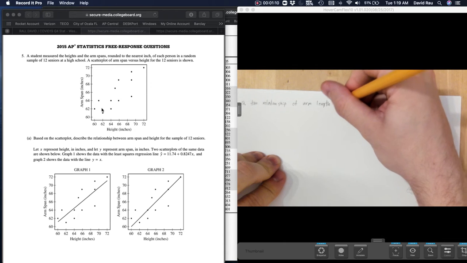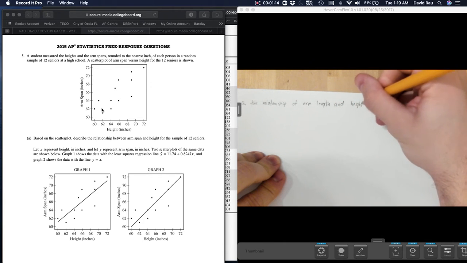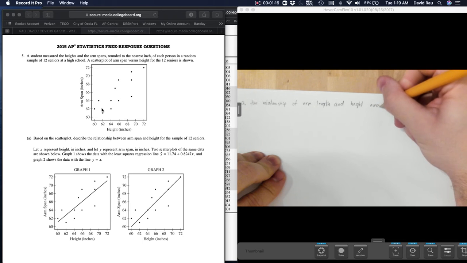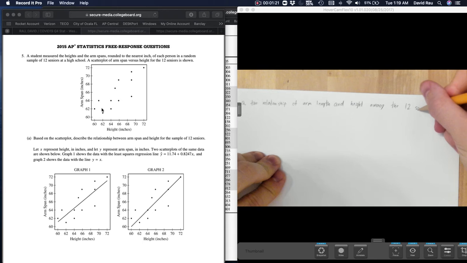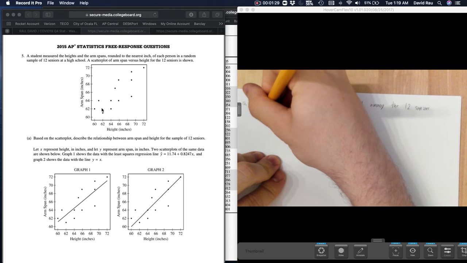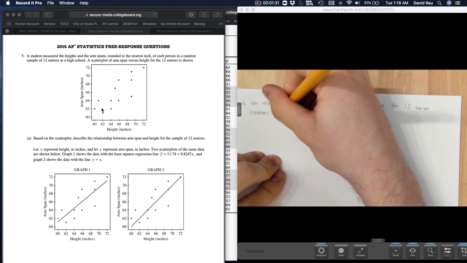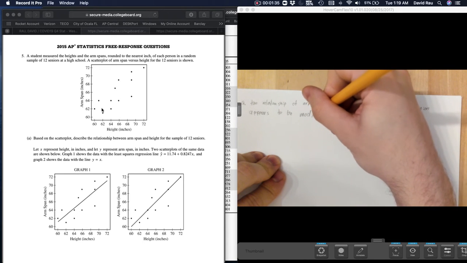So just be really specific. The relationship appears to be, I'm going to say, moderate or strong.